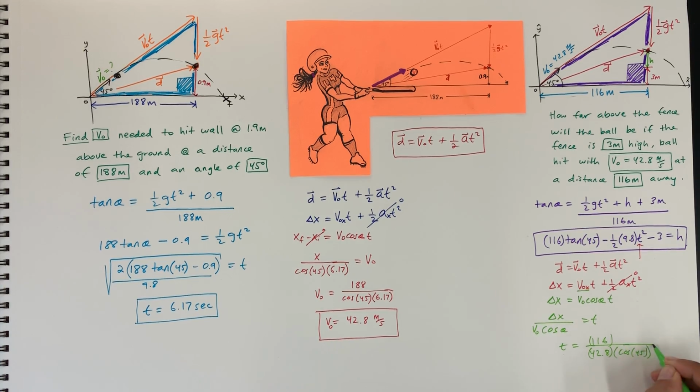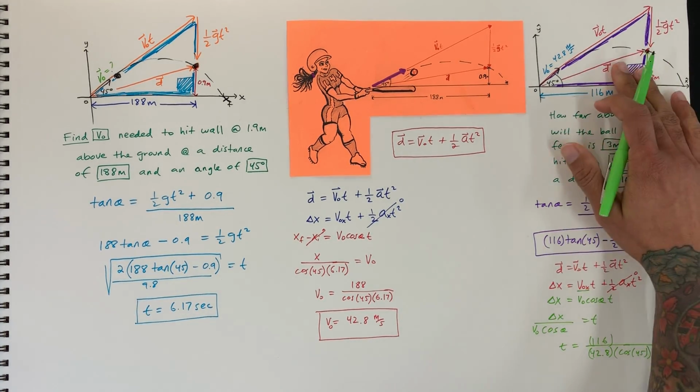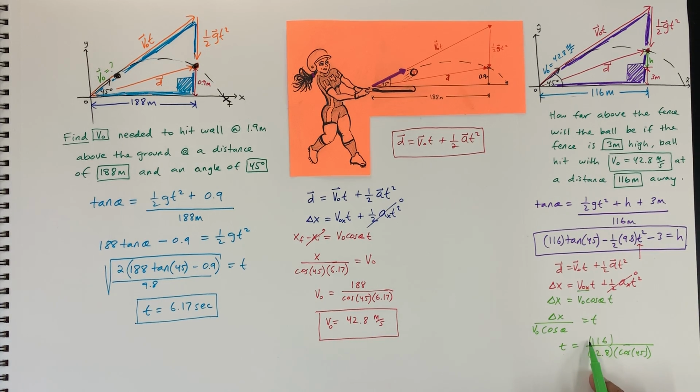Okay, so now we're gonna get a time that is very specific to the conditions that we have. We have a displacement 116 meters away. We have an initial velocity of 42.8, and we have an angle of 45. And so with those conditions, the time that we get is t equal to 3.83 seconds.